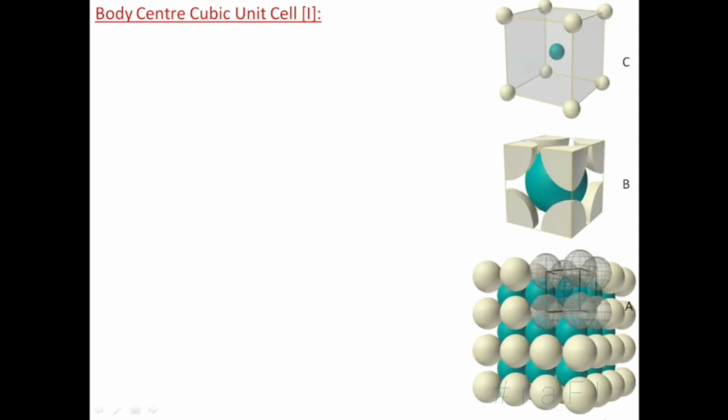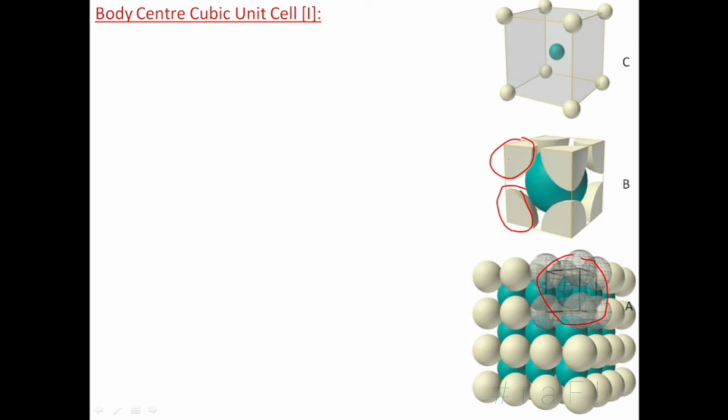Next, body centered cubic unit cell. See these three figures A, B, C. In figure A, you can see a number of atoms are there, and if we construct a unit cell here, it is like this. In figure B, you can see these are the corner atoms.